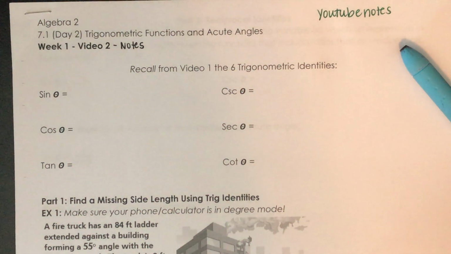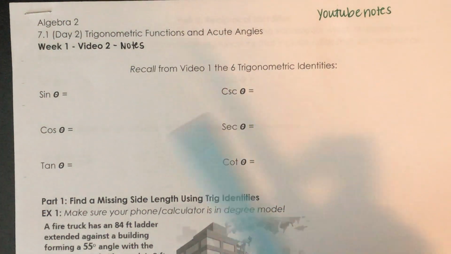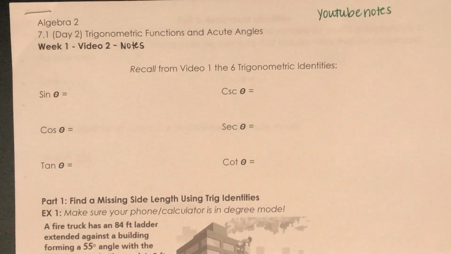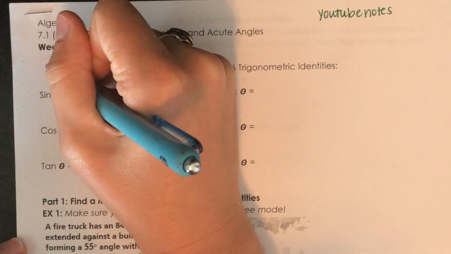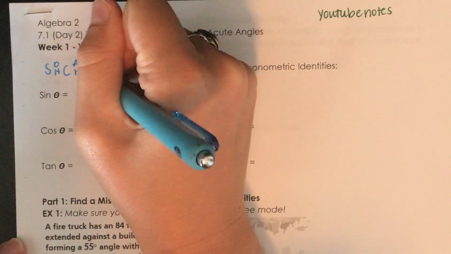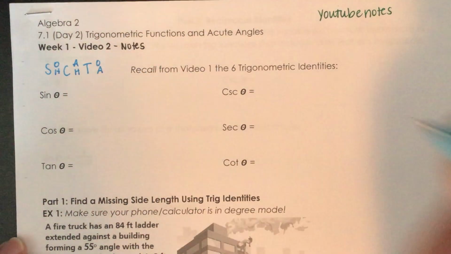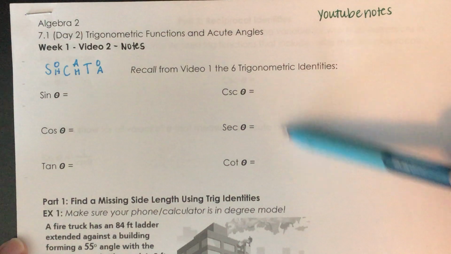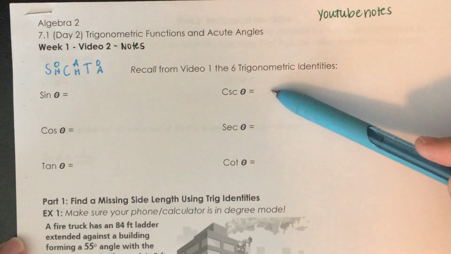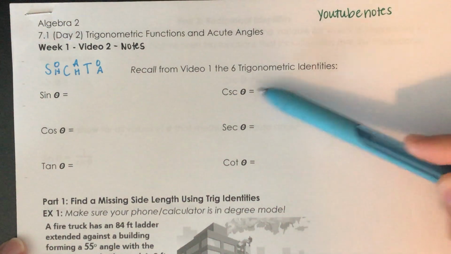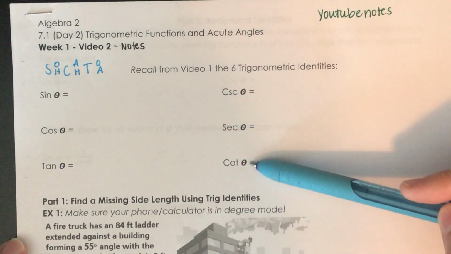Okay, so we're going to recall from our last video, we had 6 different trig identities that we talked about. And if you remember, this was the SOHCAHTOA. And then we also had our reciprocal identities, which took the sine, cosine, and tangent ratios and flipped them for cosecant, secant, and cotangent.